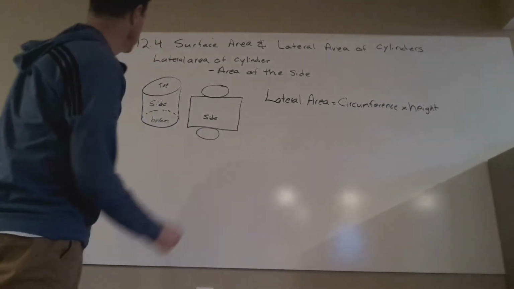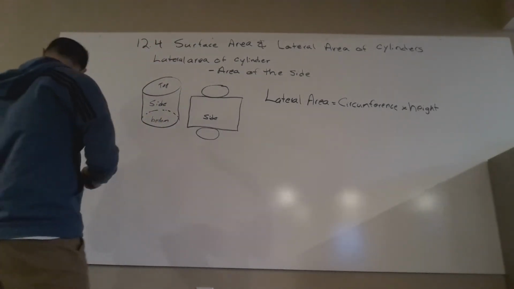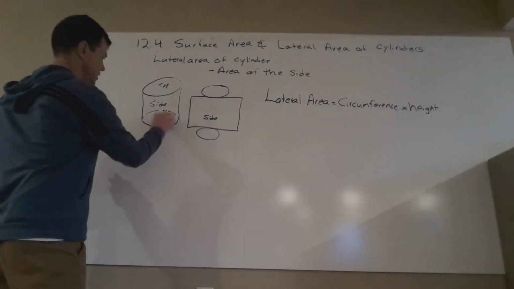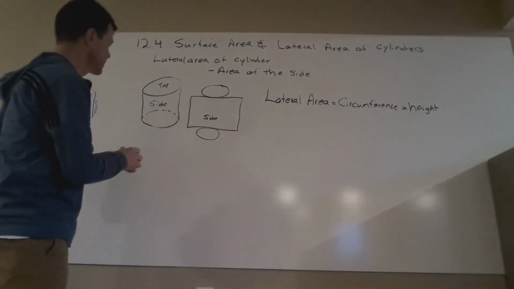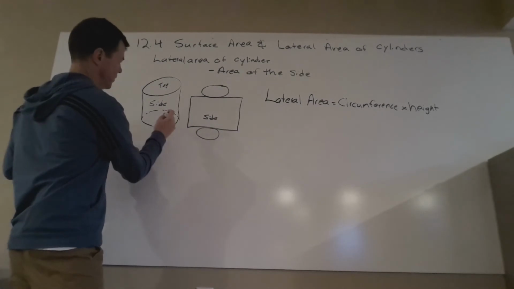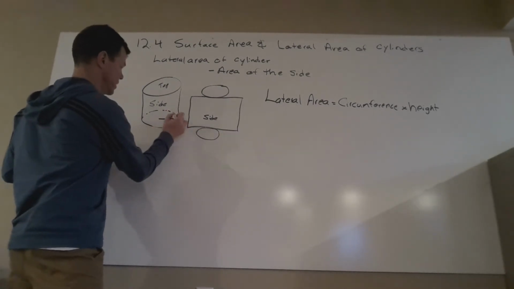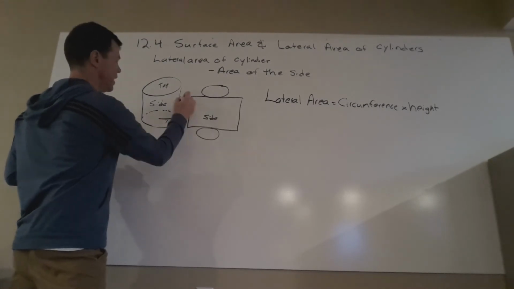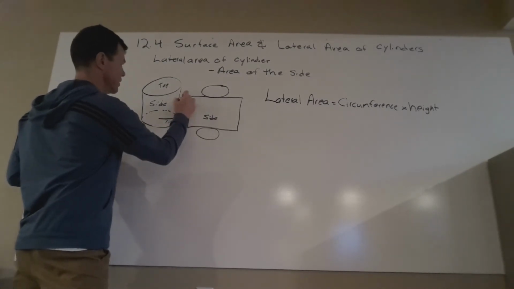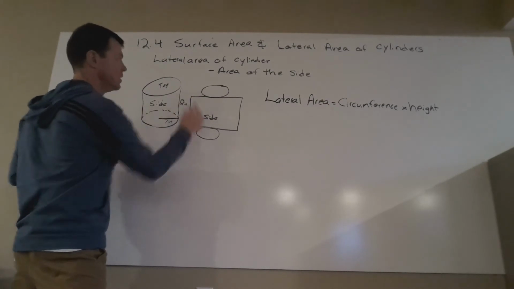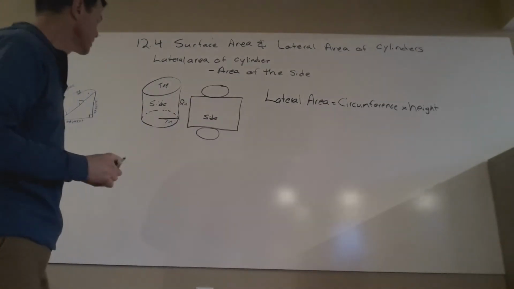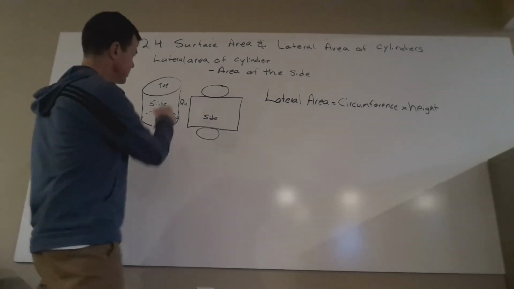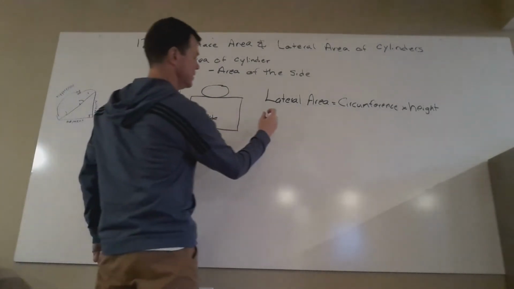So let's suppose that this can that we made, all right, let's suppose that the radius on this can is, we'll call it 7 inches, and the height of this is 12 inches. So to calculate our lateral area, I will start with circumference.